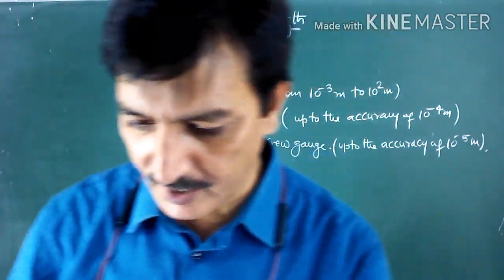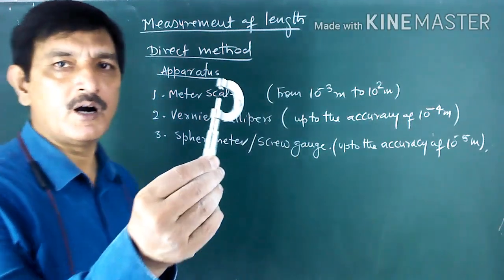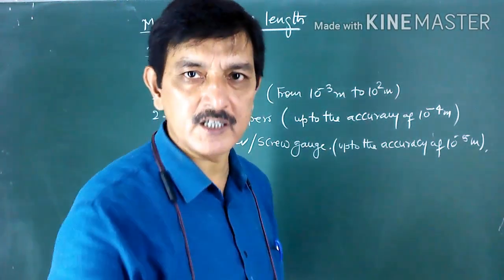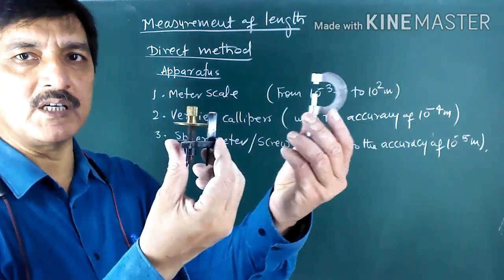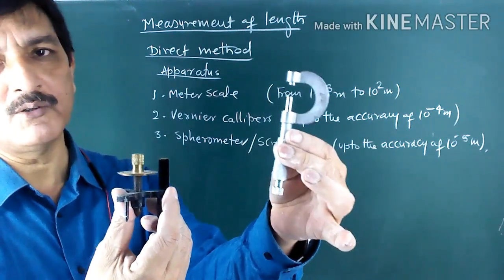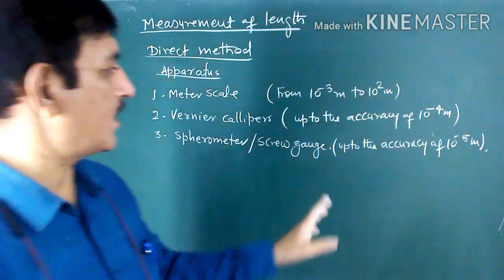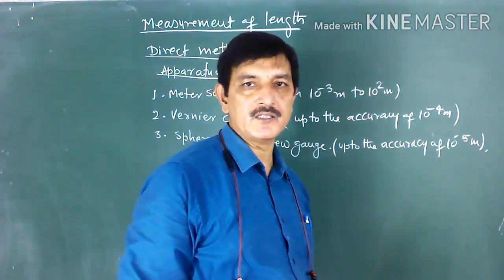And another type of apparatus is this screw gauge, and this is a spherometer. By using these two apparatus, we can measure a distance up to a minimum value of 10 to the power minus 5 meter.